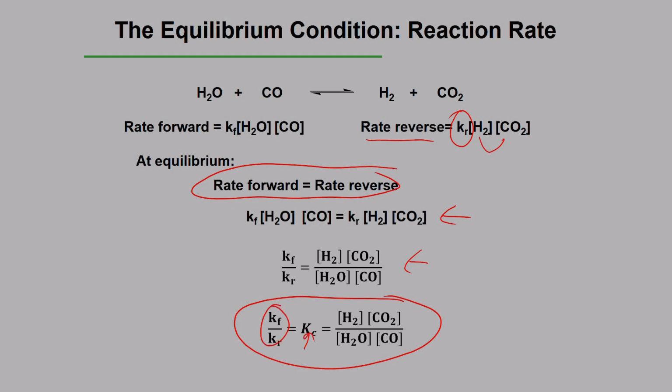And we call this the equilibrium constant because that's a constant. The reaction rate constant is going to be a constant only depending on the temperature. So therefore, at a single temperature, we can expect these concentrations to always remain in this sort of ratio.